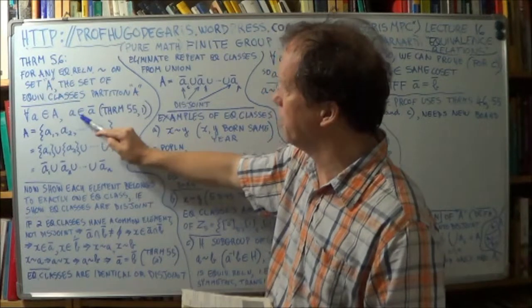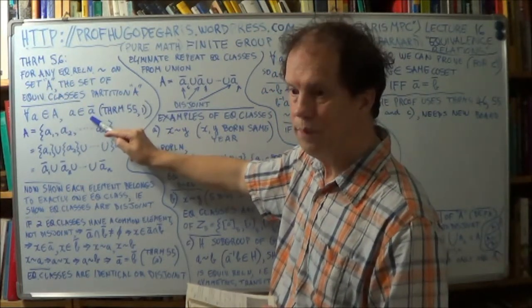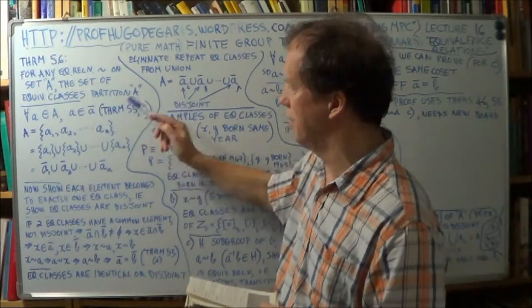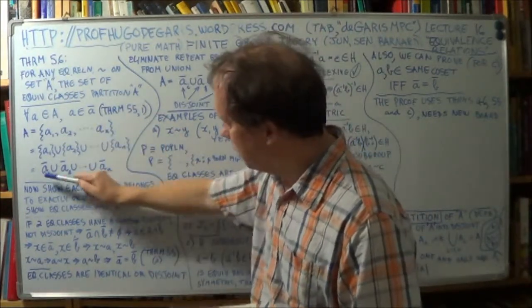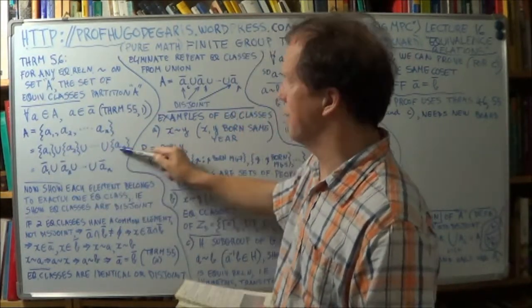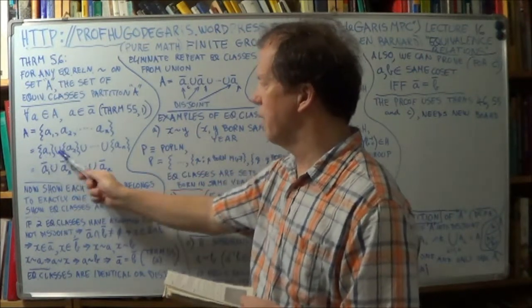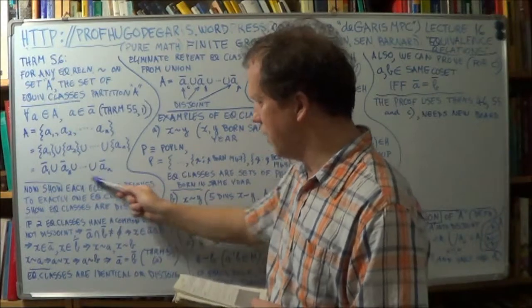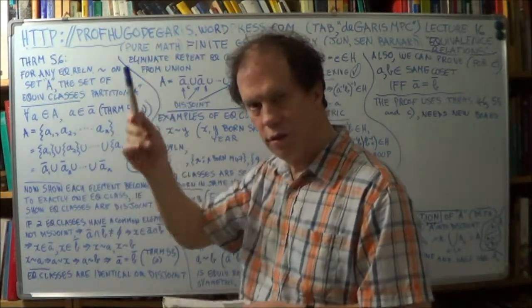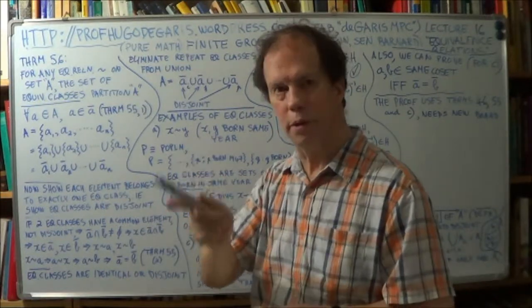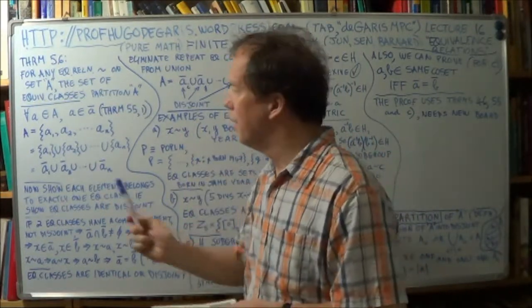Right? Any element belongs to its residue class. You got this from the previous theorem. Okay, so this will be equal to this, right? And if we get repeat elements, just throw them out. Throw out the repeats, so that you only have one copy, if you like, of each element.